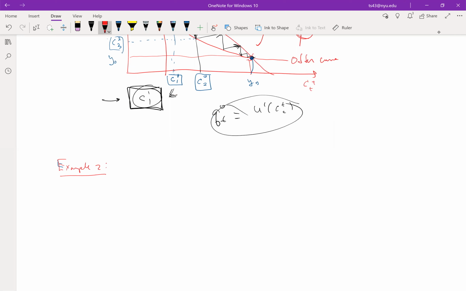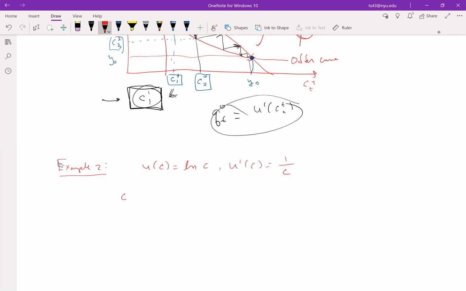If we use the special case, exactly the same as above, but with log preferences, so that the marginal utility of consumption is just 1 over C, then we can get a long way toward getting the offer curve analytically.